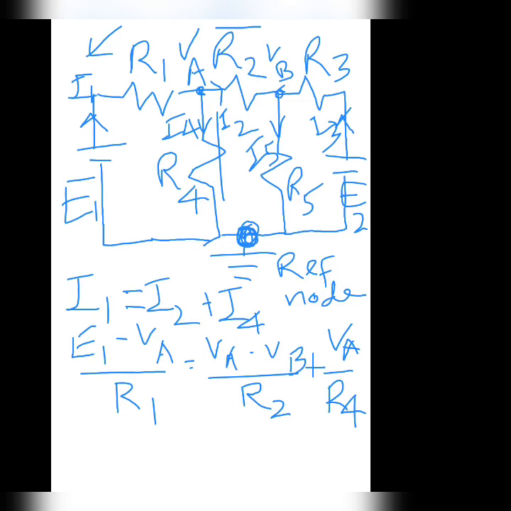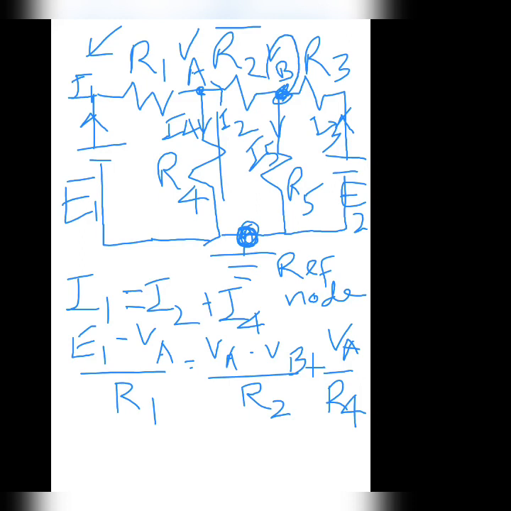Similarly, we can see that at this node, at node B, I5 is the outgoing current and I2 and I3 are the incoming currents. So this I5 can be defined as, this VB is the potential difference minus 0 upon R5. Okay.